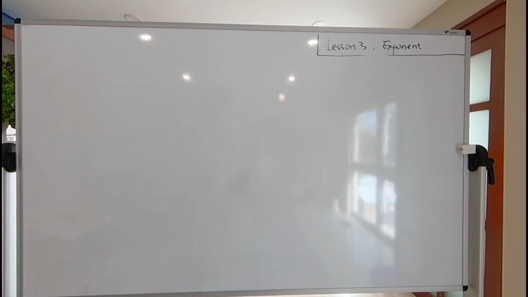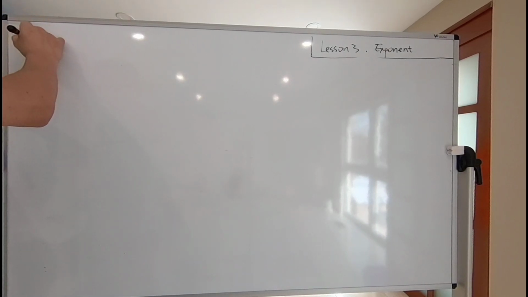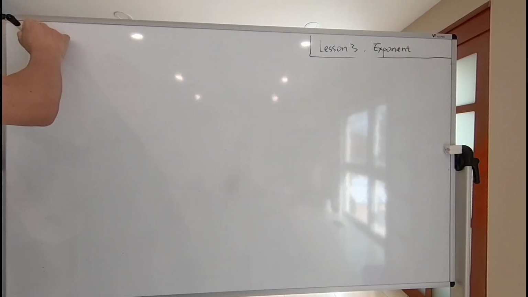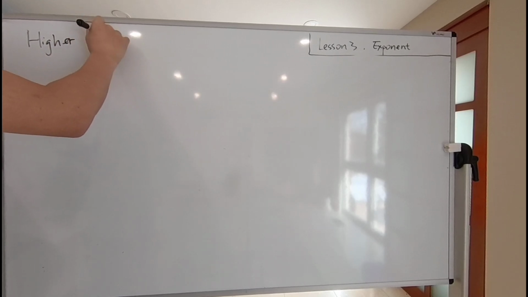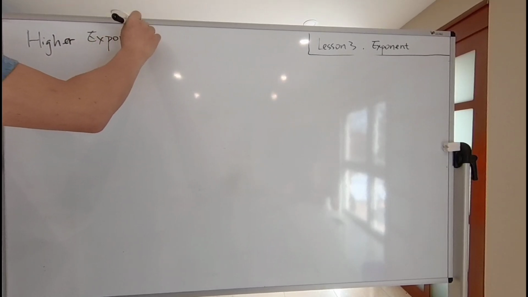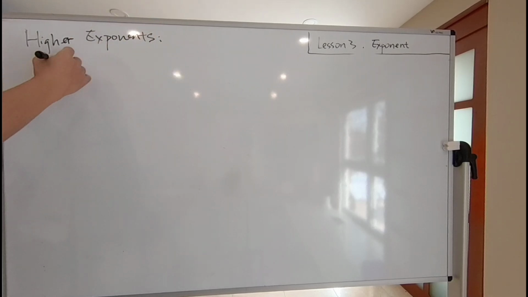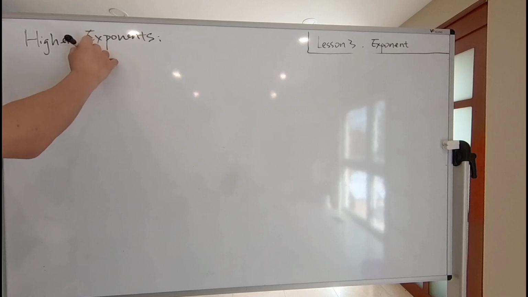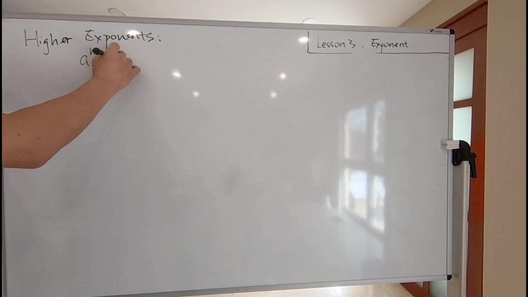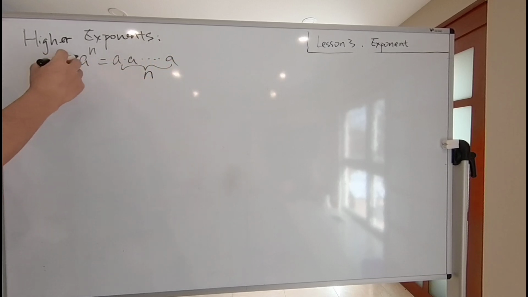Okay, now let's summarize the higher exponents. We already saw a bunch of examples of squares, and some of them can be intuitively expanded to higher order powers. So first of all, again, I go back to the definition.